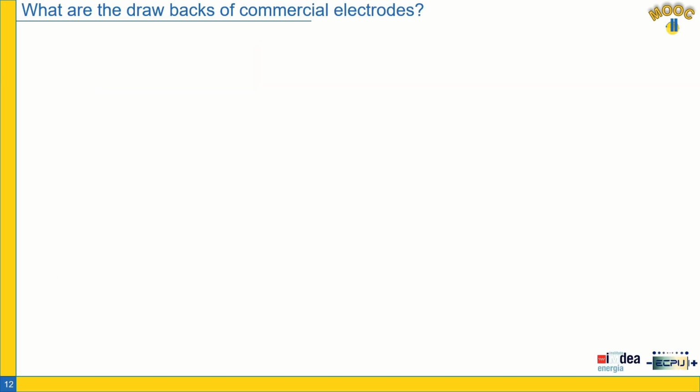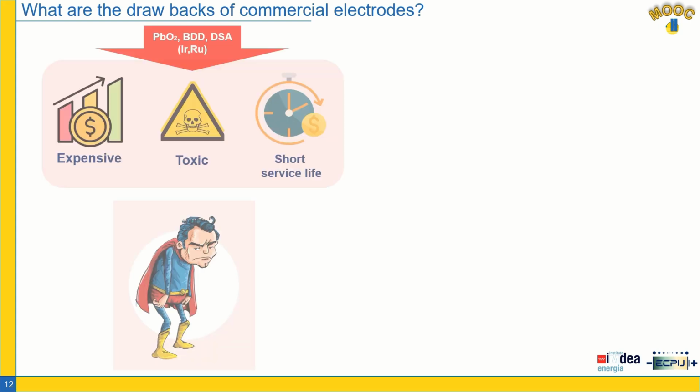It's really good, but what are the drawbacks of commercial electrodes for this certain reaction, the electrooxidation of pollutants from water?